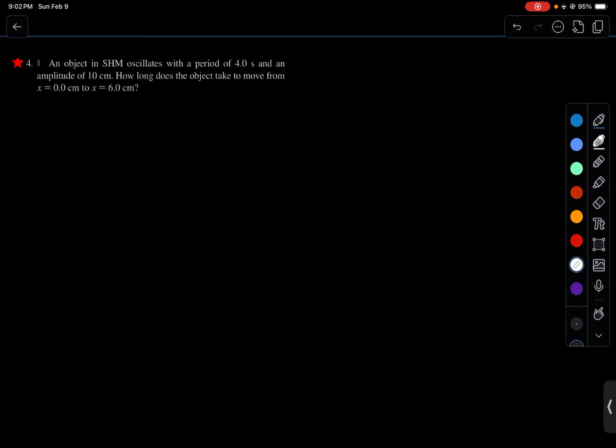So the data that we could gather from the problem was that T, which is the period, equals 4 seconds, and the amplitude is 10 centimeters or 0.1 meters. We can quickly calculate omega with this information.